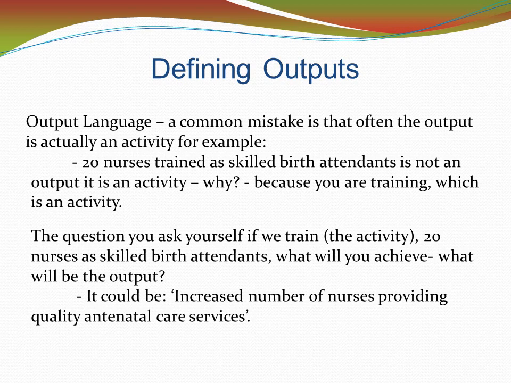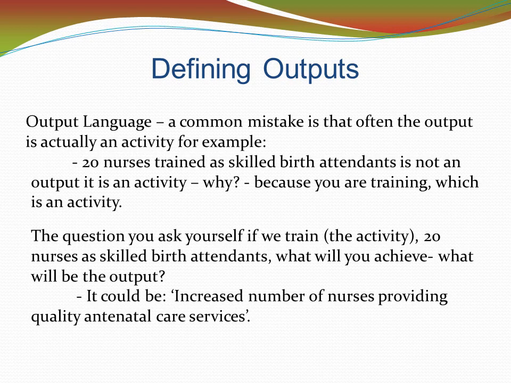Now, defining outputs. Output language. A common mistake is that often the output is actually an activity. For example, 20 nurses trained as skilled birth attendants is not an output, it is an activity. Why do I say that? Because you are training. Training is an activity.